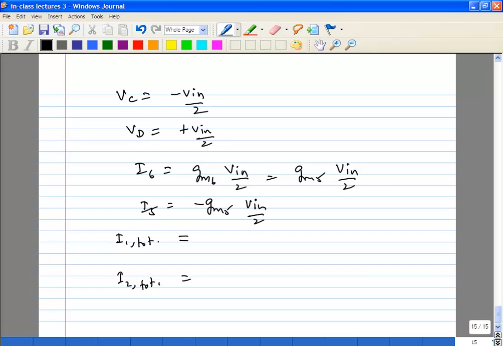Now you can write expressions for I5, the I1 total and I2 total, the two differential currents. Minus.